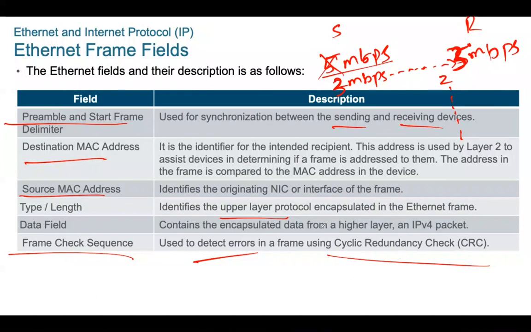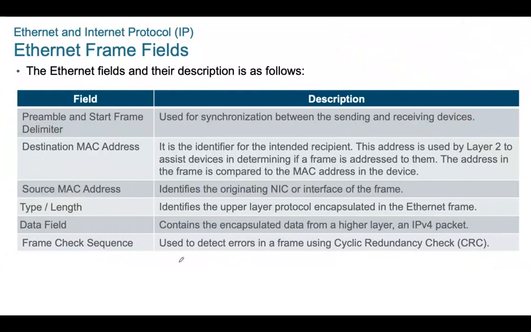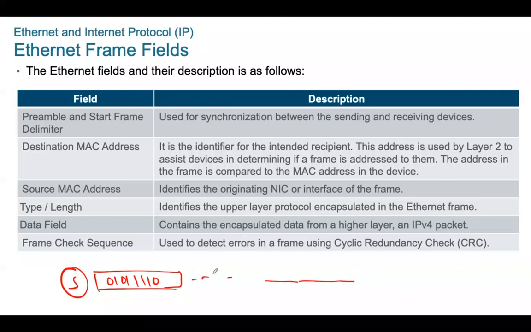But most frames use the cyclic redundancy check, because suppose the sender is sending a bit stream of 0 1 0 1 1 1 1 0, and when it is going through the path, because of some jerk in the path, this bit stream may change to 0 1 0 1, then 0 0 1 0. So these are corrupted bits that will be received by your receiver.